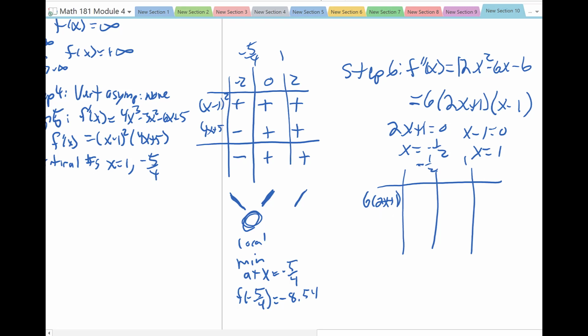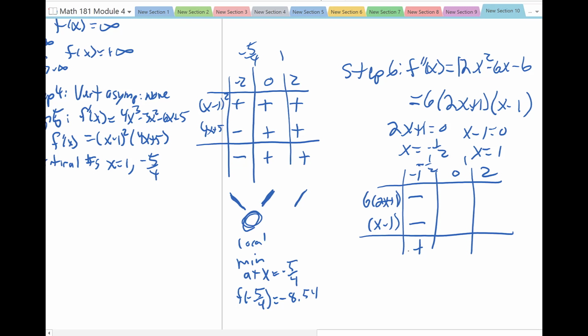And then we have the x minus 1. So if I put a smaller number like -1, and then we could do a 0 and then 2, we would have a negative here, and a negative here, which gives us a positive. That means it's concave up.